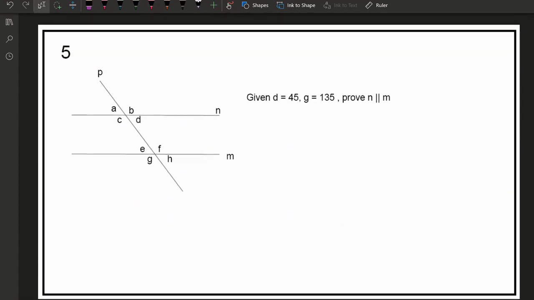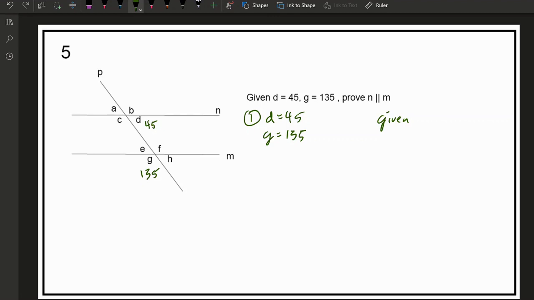Okay, number 5. Given that D is 45 and G is 135, prove N is parallel to M. So again, step 1, D equals 45, G equals 135. That is given. So let's fill that in. D is 45 and G is 135. Now this one's kind of weird because they are not corresponding angles.